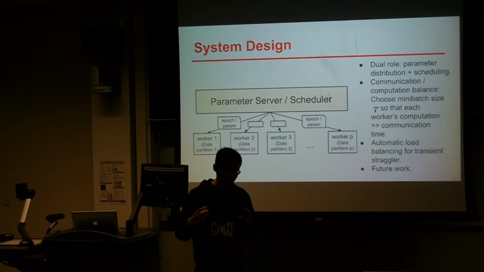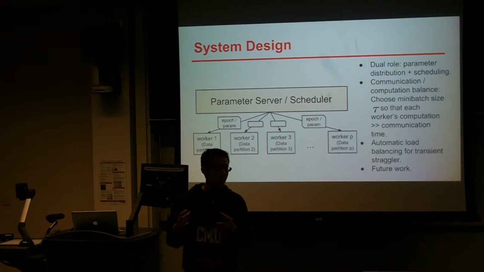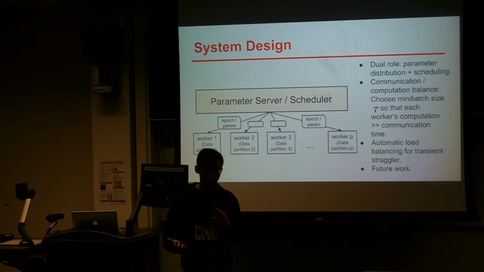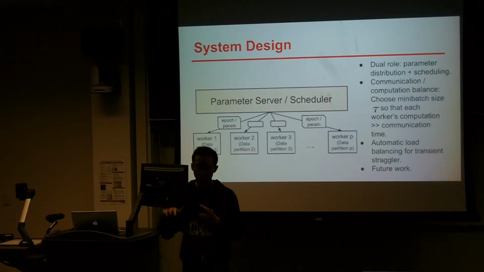That would not work because it doesn't do scheduling per se. So what we need in addition is that the parameter server has to collect enough coordinates for this epoch, and after that, tell every worker that you can move on to the next epoch.